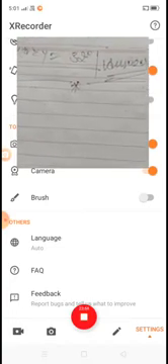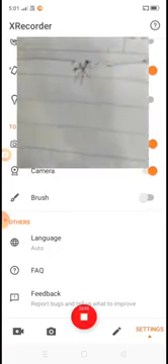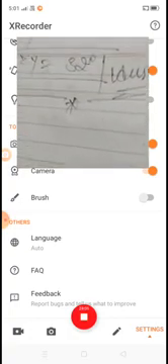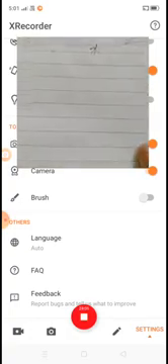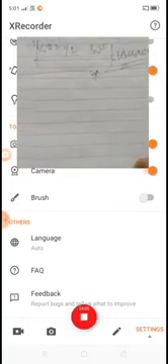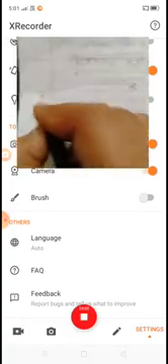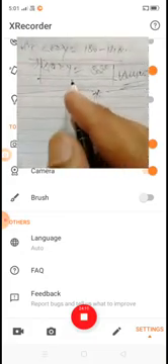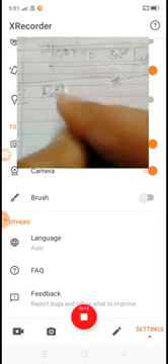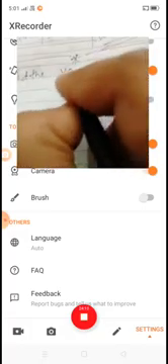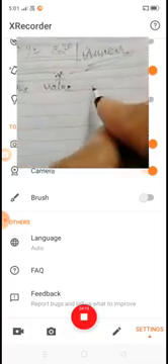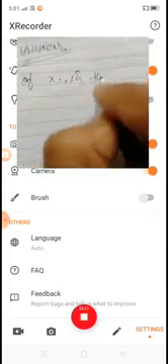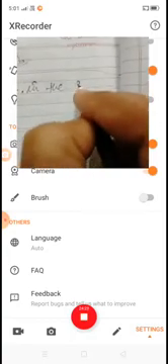Okay, now we take some other questions. Your question is: find the value of x in the given figure.